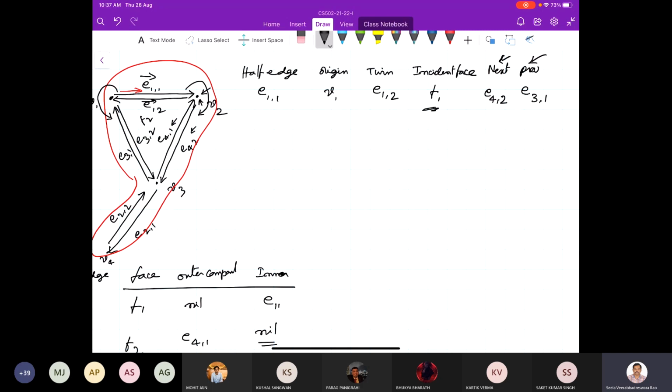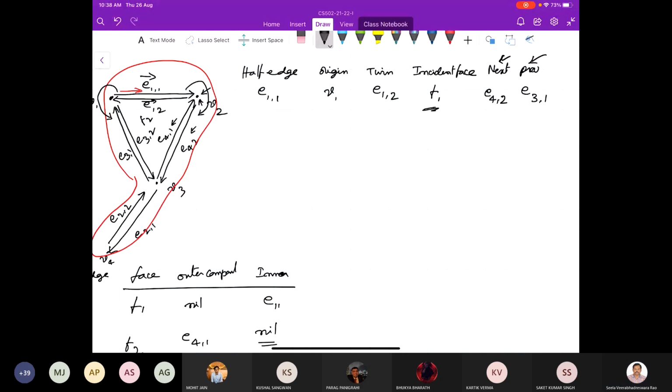You go to the destination of E11, that is vertex V2, and see which edge is next in the clockwise direction. Here we have E41 and E42.